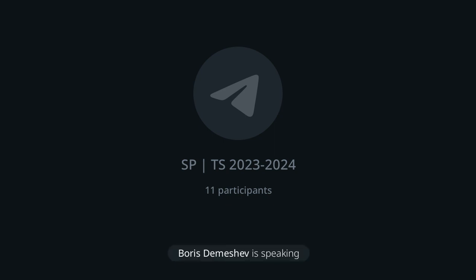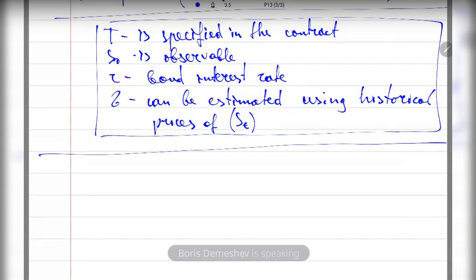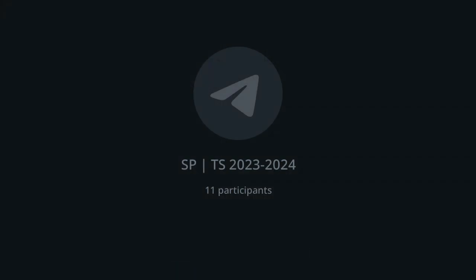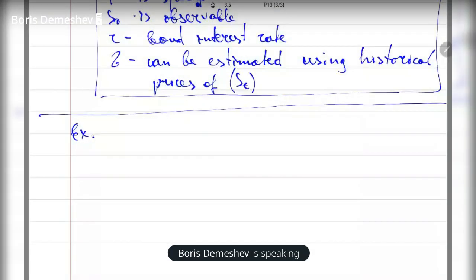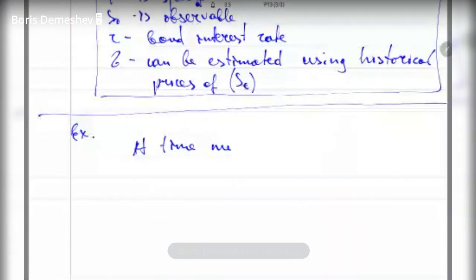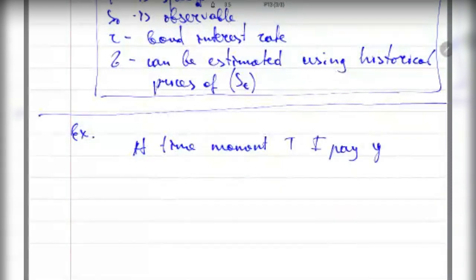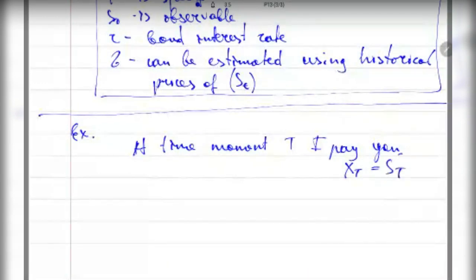Okay, let's consider some more examples. Imagine that at time moment T, I pay you XT equal to ST cubed.